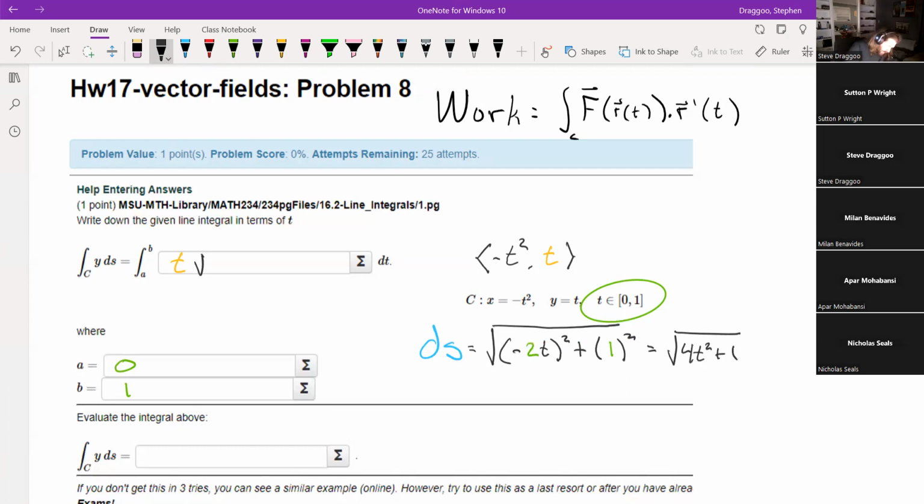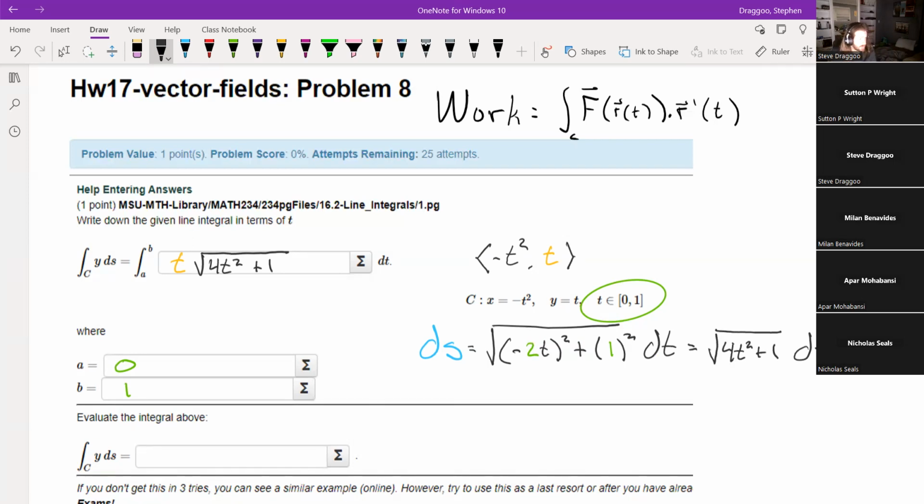So that also goes in the integrand box over here, 4t squared plus 1. Oh, and I should also have included the dt in here because I'm being proper about it all. So we've successfully changed our ds, which is a small infinitesimal change along the curve, to an infinitesimal change in our parameter t, which is what we needed in order to integrate this thing.